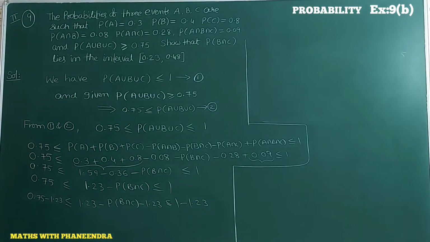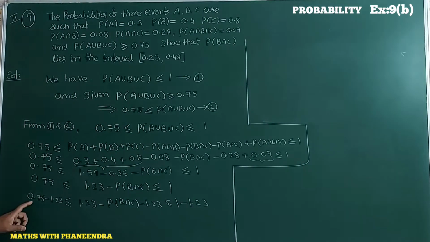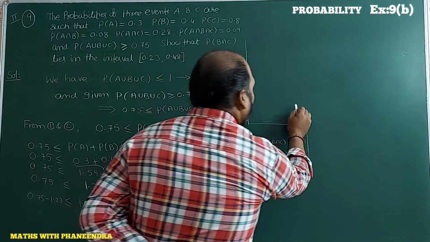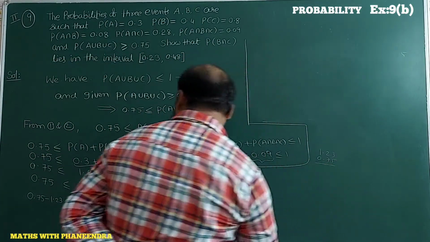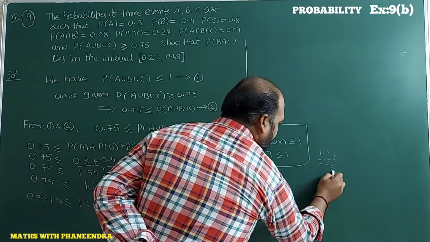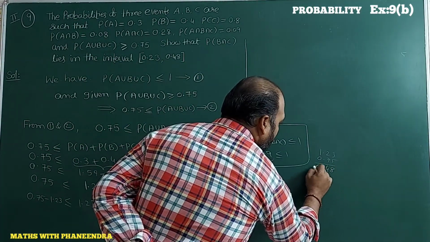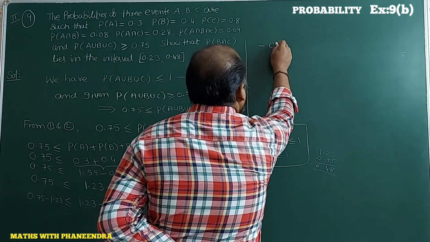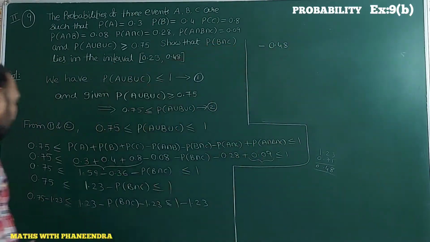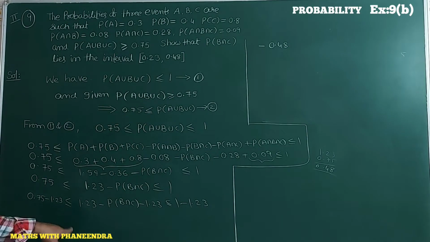I hope you understand, dear students. 0.75 minus 1.23, if you subtract, you will get 0.48, that also with a minus. So minus 0.48 on this side, less than or equal to.